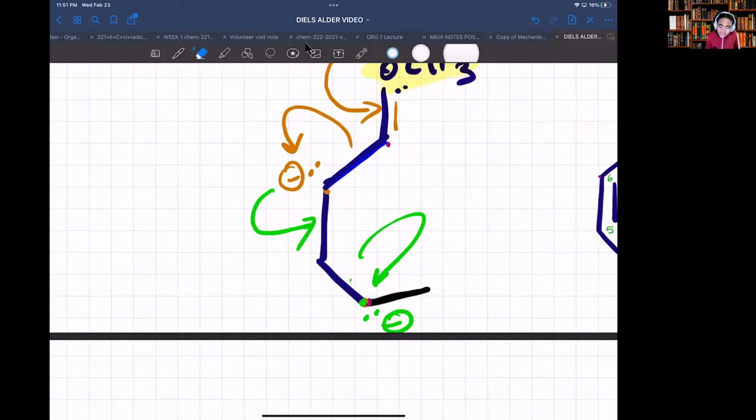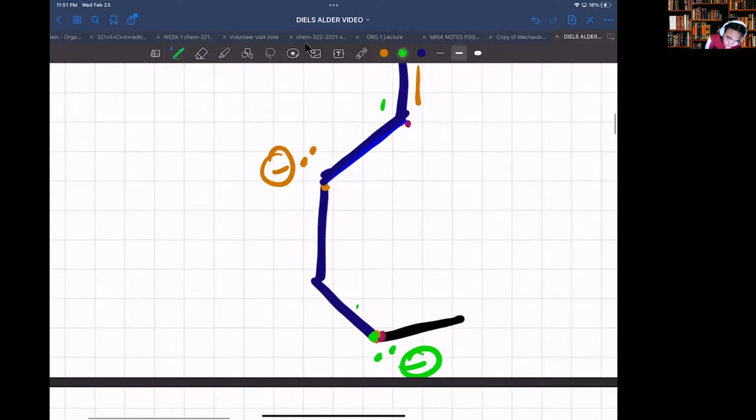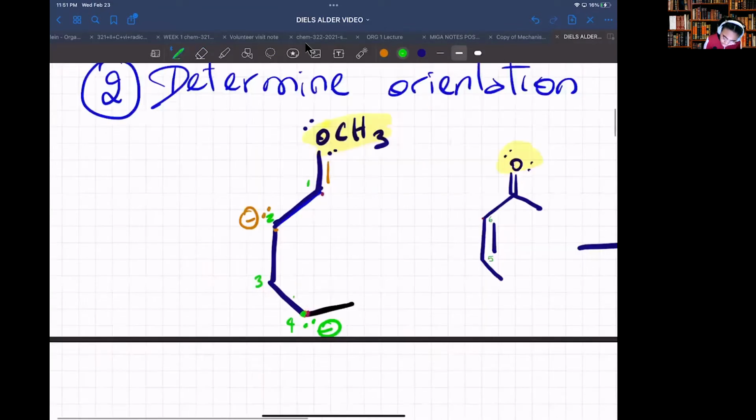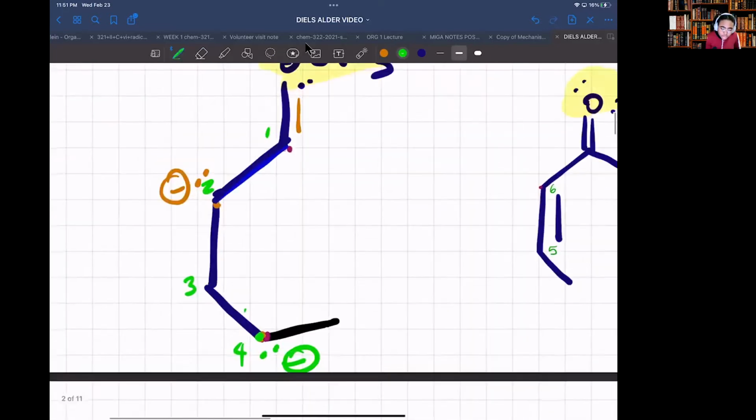But again, I hope you see what I mean. Let me remove this now. Let's number our carbons: 1, 2, 3, 4, 5, and 6. I already put 5 and 6 here. We know that at some point, let me reconstruct my diene.